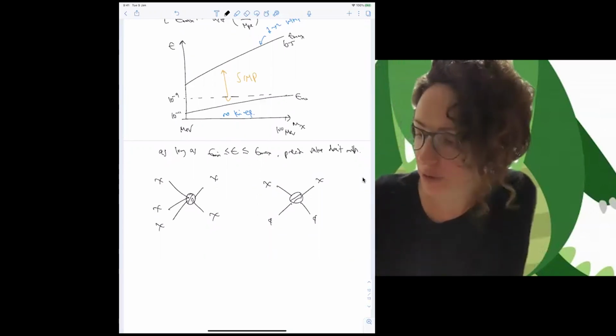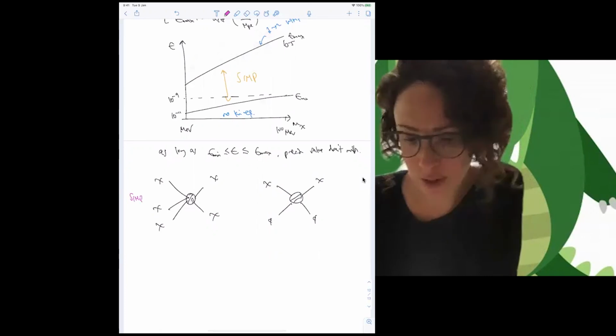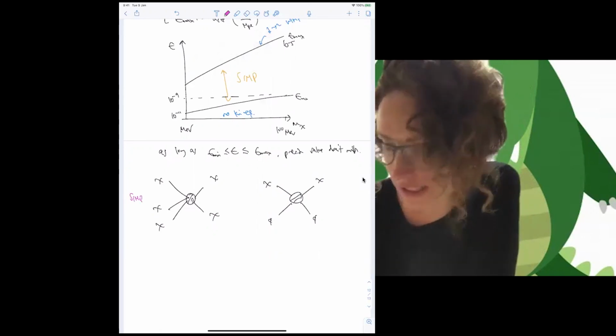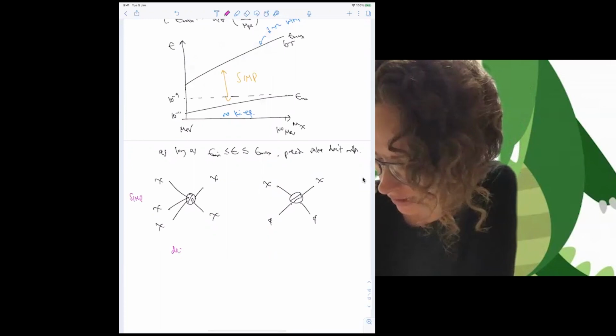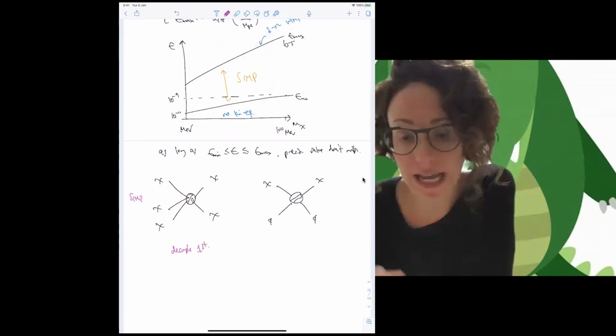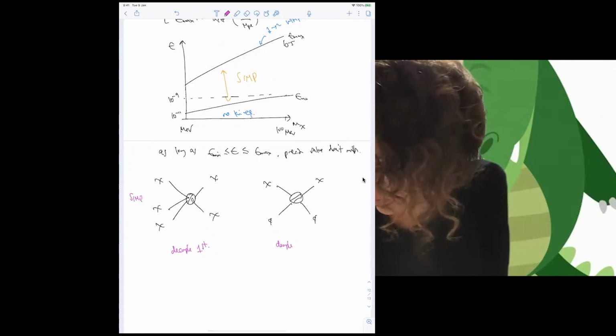For the SIMP, as we've just derived, the 3 to 2 process is the process that's setting our relic abundance, and it's going to decouple first. And importantly, the elastic scattering that we've just drawn on the right is going to decouple second.